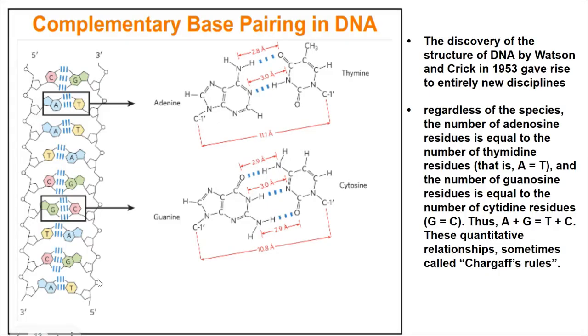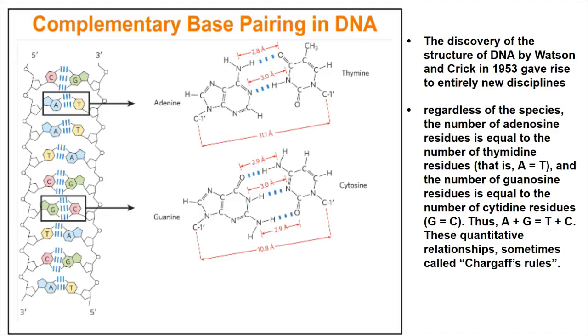And so as far as DNA, it has two strands of nucleic acids bonded together using hydrogen bonds, and then you have these base pairings. Adenine is base paired with thymine, and guanine is base paired with cytosine. The discovery of the structure of DNA by Watson and Crick in 1953 gave rise to entirely new disciplines.